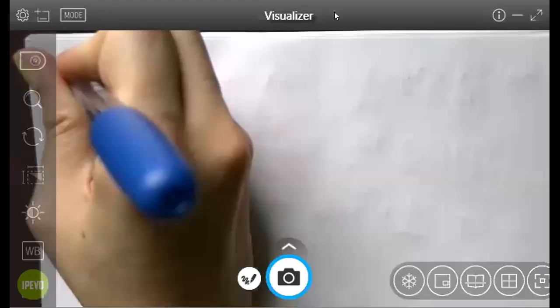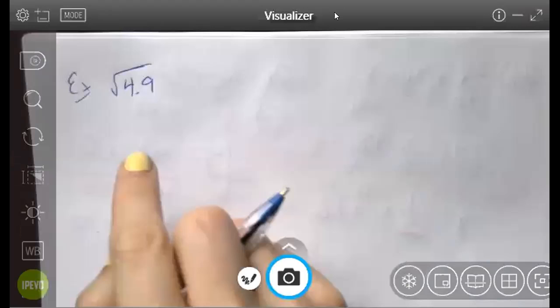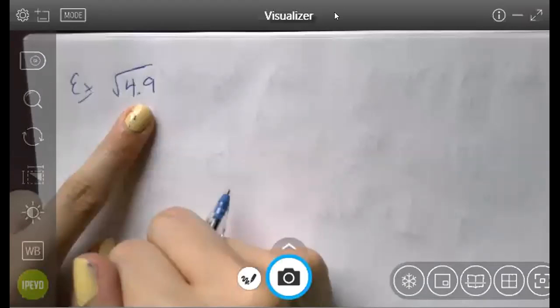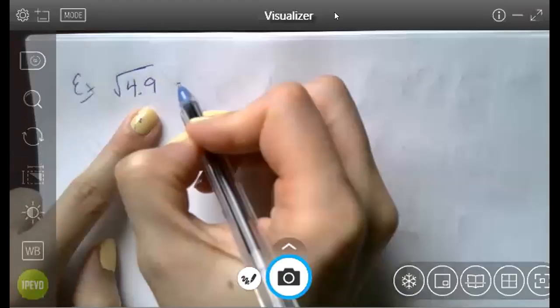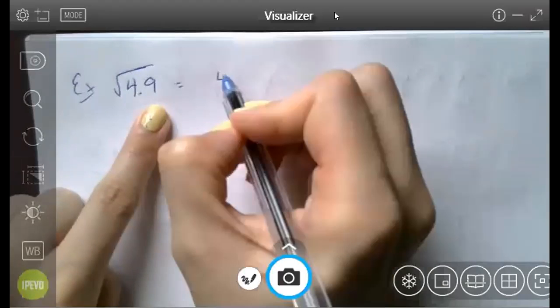Okay, so I'm going to do the example of the square root of 4.9. Now, when we're starting with a decimal like this, again, we're going to turn this into a fraction. So the way that we do that is we write the 4.9 as a whole number, so 49.